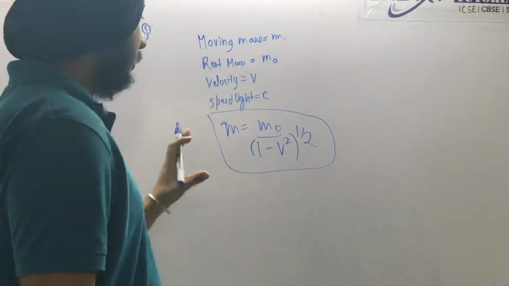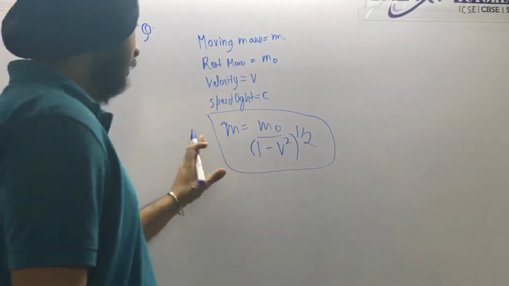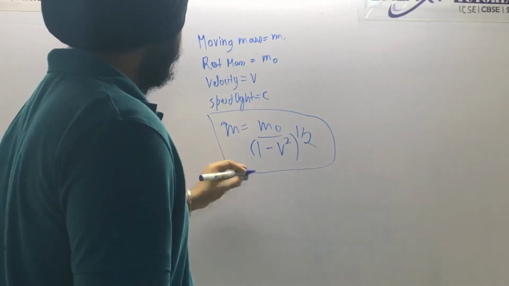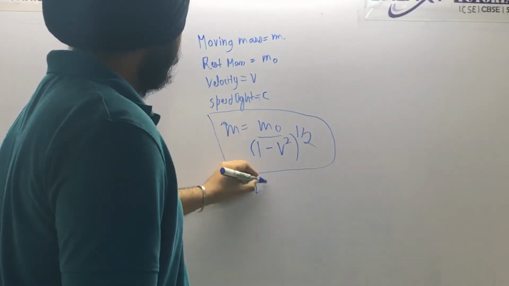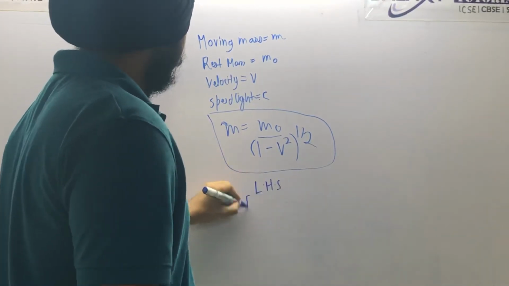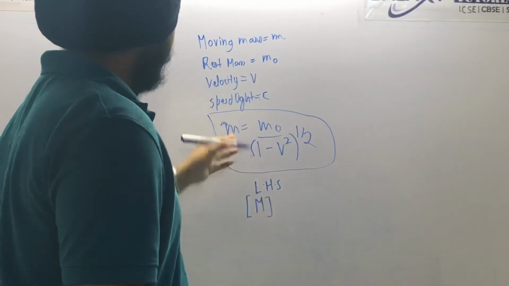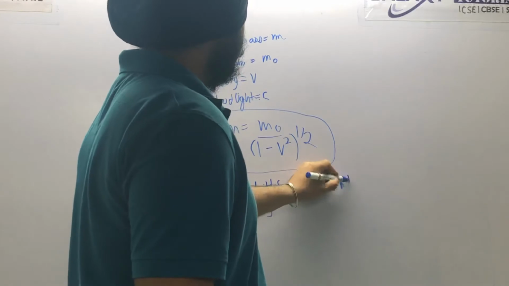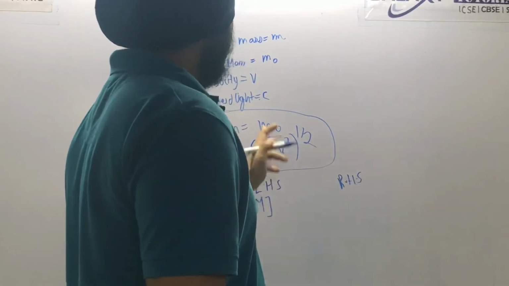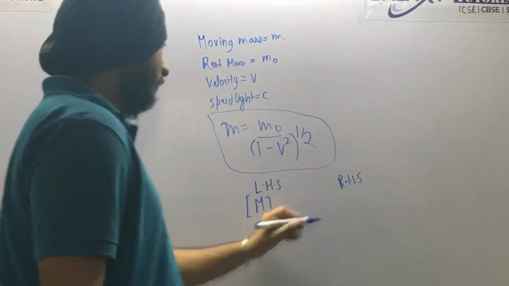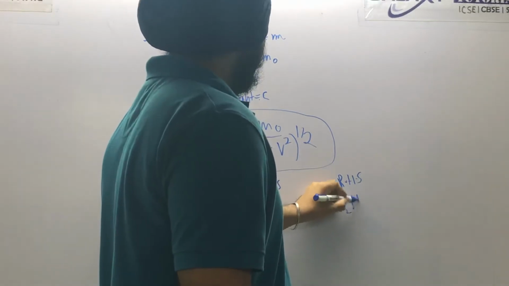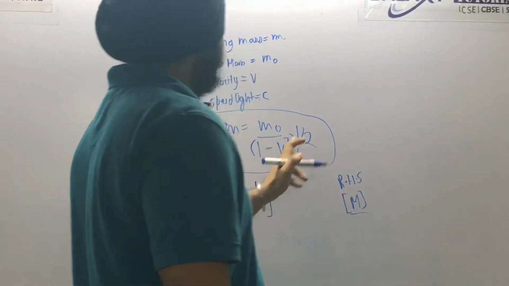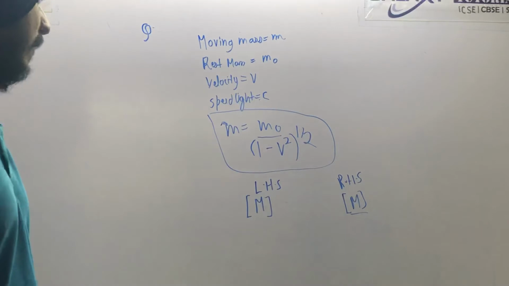First of all, let us check the dimension of both sides. On this side, the dimension is m, because mass is m. Now look at the RHS. m naught is also mass, so it will be m, upon v square raised to the power 1 by 2.